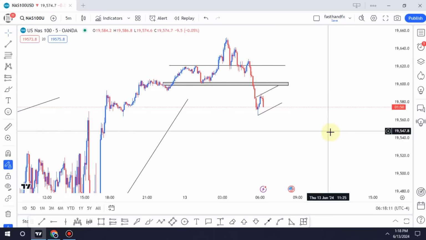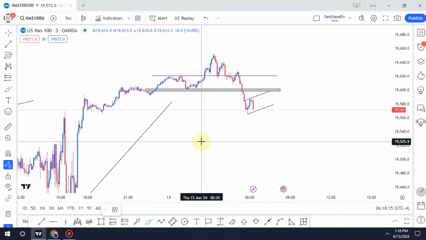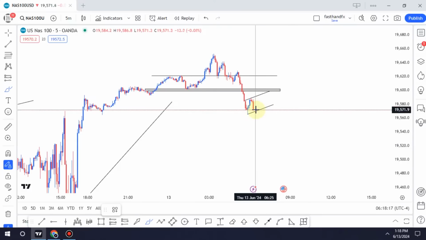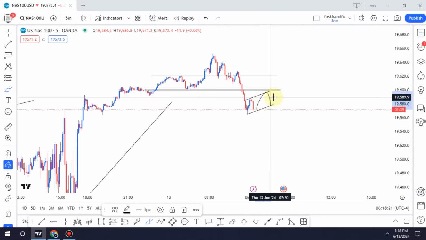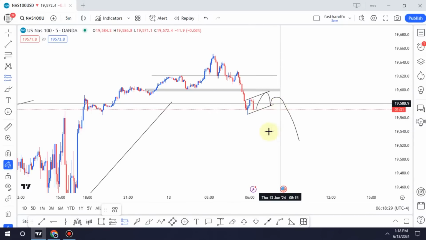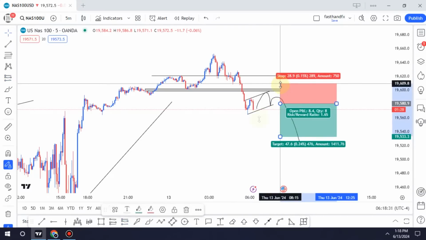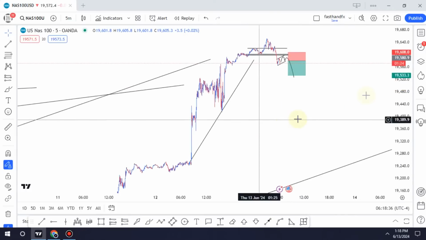All right, so all we need to do is wait for price. I say let the market be hard to get. So I need price to continue playing around right here, and another policy: no reversal, no trade. If we get this kind of behavior, of course, left shoulder, head, right shoulder, something like that, that's a good confirmation for a good sell. So it's just like I've just given you, gang, a signal, and guess what?